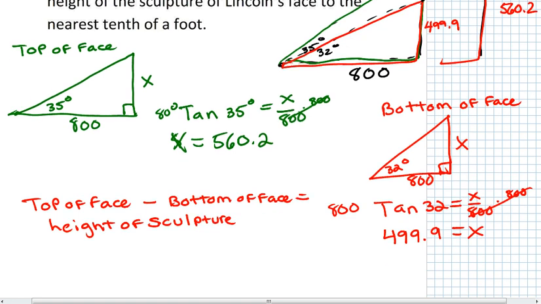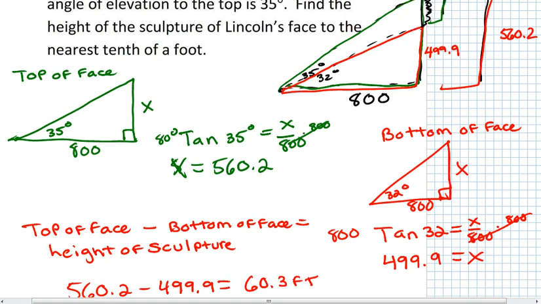So in this case, 560.2 minus 499.9, and that gives you 60.3 feet. That's the height. That's the height of this sculpture right here.